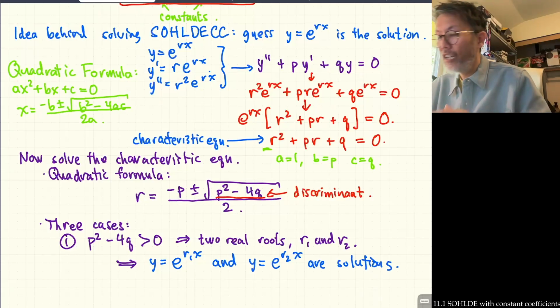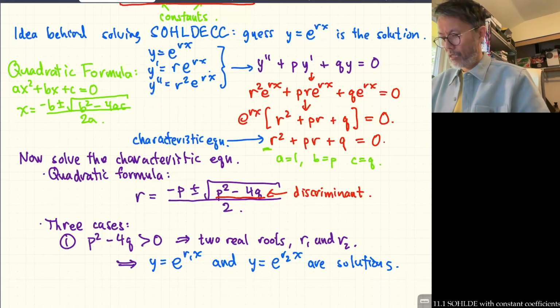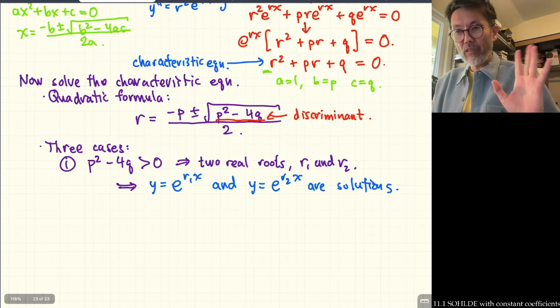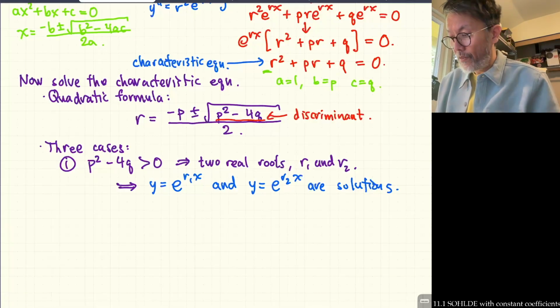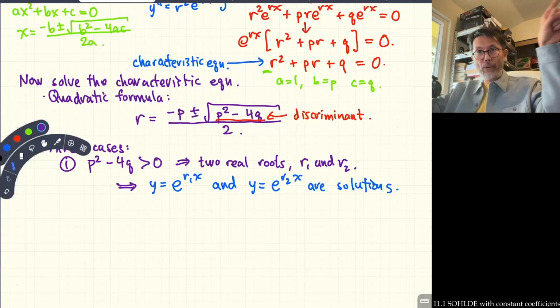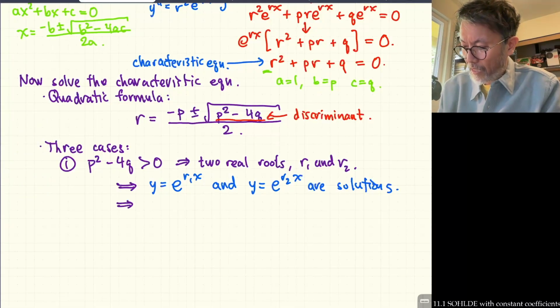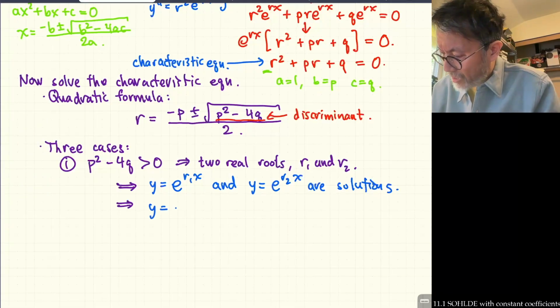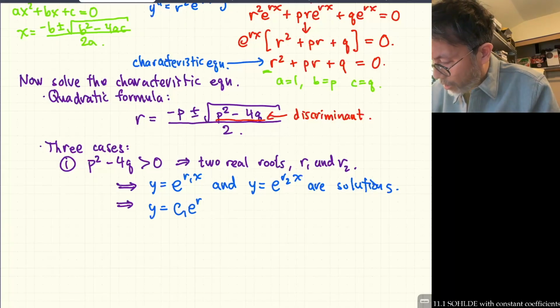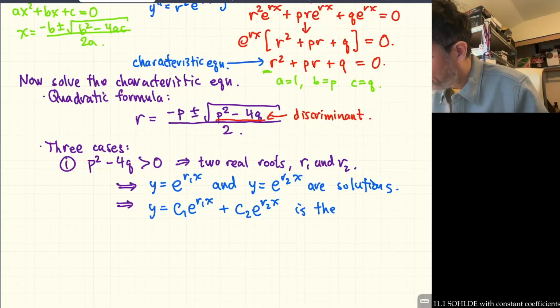To what? To the second order homogeneous linear differential equation with constant coefficients. Yes? Okay. In particular, because R1 and R2 are distinct, these are going to be linearly independent solutions. So this also implies that y equals C1 times e to the R1x plus C2 times e to the R2x is the general solution.